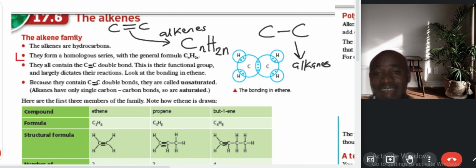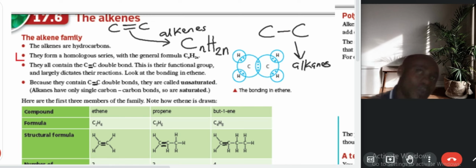And because alkenes have carbon-carbon double bonds, they are unsaturated. Unsaturated means they can be broken down further, unlike alkanes, which have a single bond which cannot be broken down further. And because they are unsaturated, they can form other substances, usually some other useful substances.